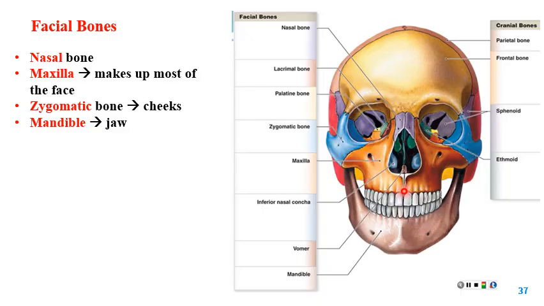So the maxilla, there are two of them. They are fused right in the middle of your face, and those are very important for holding on to your teeth, the upper teeth. Okay, so your maxilla, and what else is important here? Of course, your mandible. That's of course the only part that moves, right? So mandible is also the jaw.